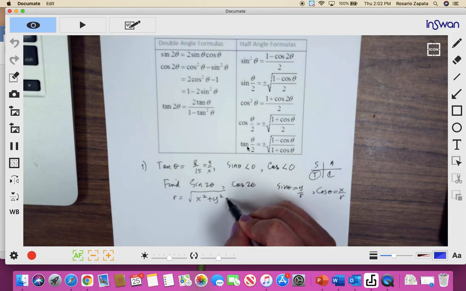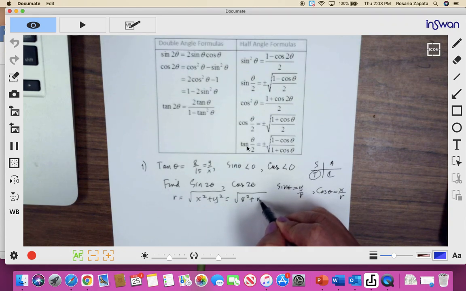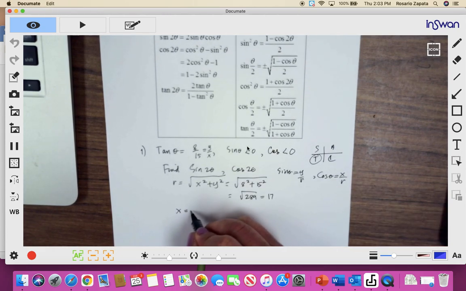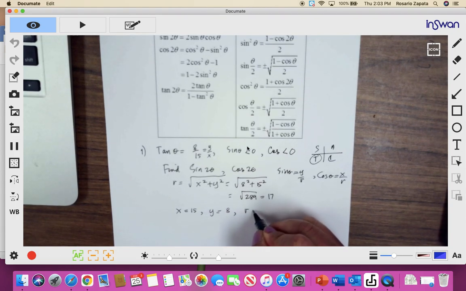And so therefore, by virtue of substitution, this will be 8 squared plus 15 squared, which gives us 64 plus 225. And that will give us square root of 289, and it's equivalent to 17. So we know already what's our x, which is actually 15, our y, which is 8, and our r, which is equivalent to 17.